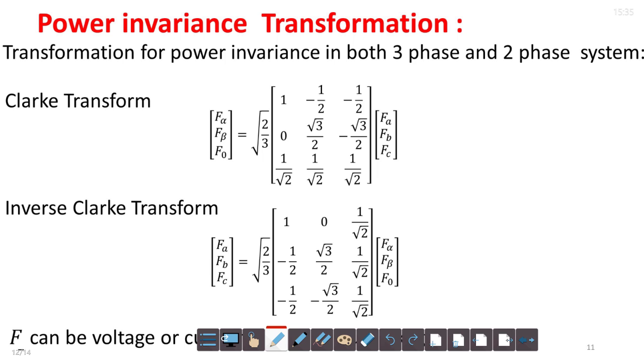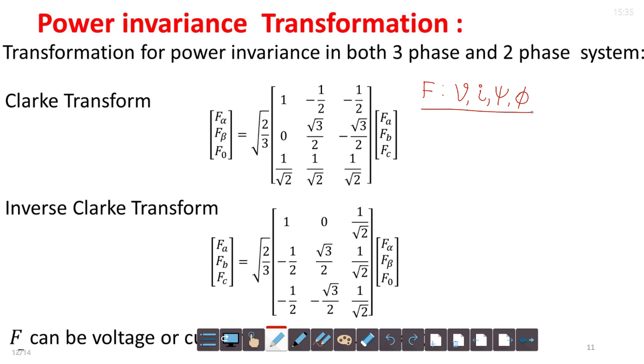Here we represent F. F can be anything. F can be voltage, three phase voltages, or currents, or flux linkages, or simply flux. F can represent any alternating AC variable: voltage, current, flux linkage.